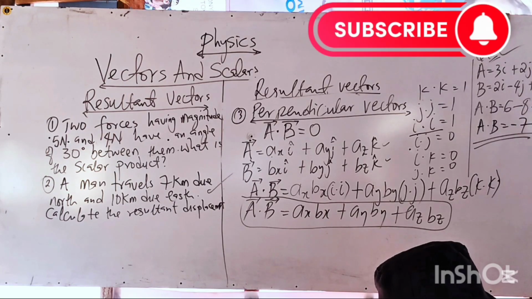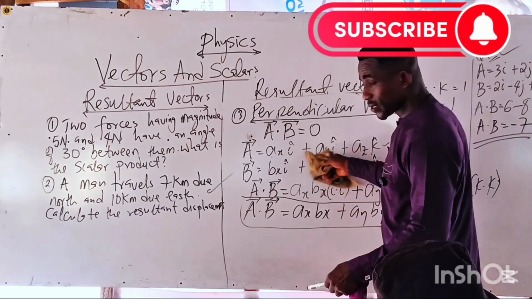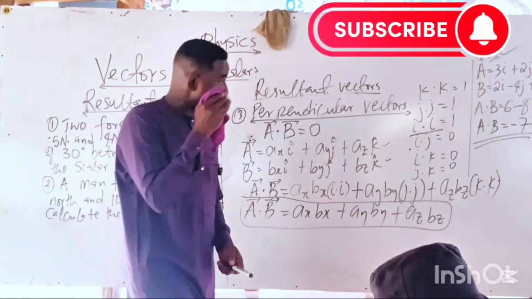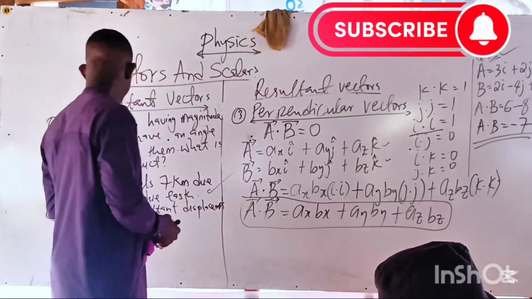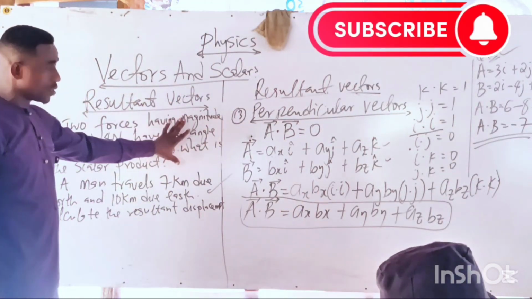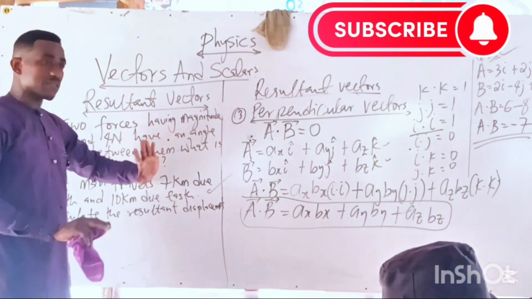I dot I is 1 already, so no need, because it's already 1. Have you copied this? Okay. We have another question. When we touch this question, we are done with resultant vector.